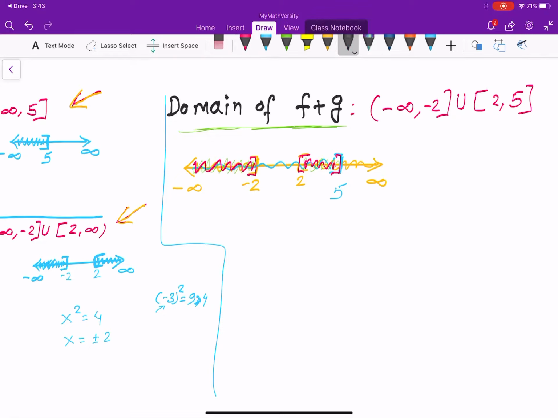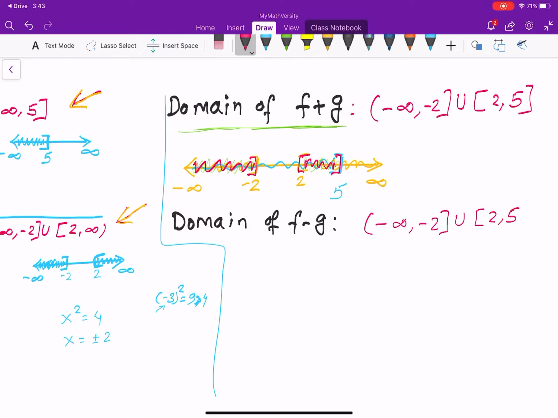The idea is the same for the domain of f minus g. The domain of f minus g is also the set of all real numbers which are in the domain of f and the domain of g. So it will be the same answer, because we have already seen that for the sum of the two functions. Whatever real numbers we have on these intervals are in the domain of f and g, so that will be the domain of f minus g.